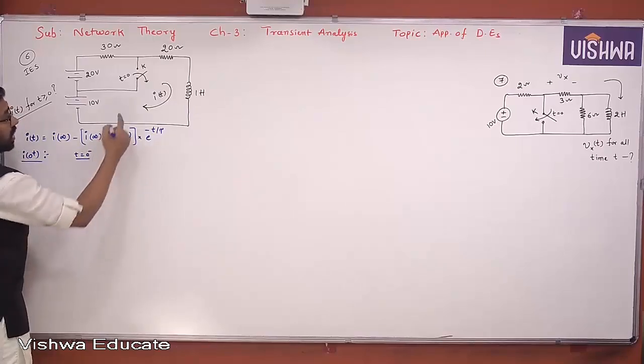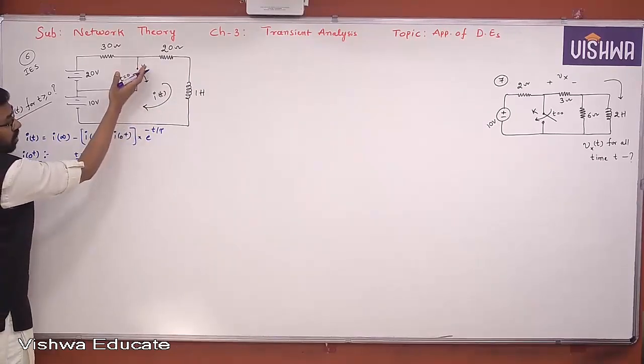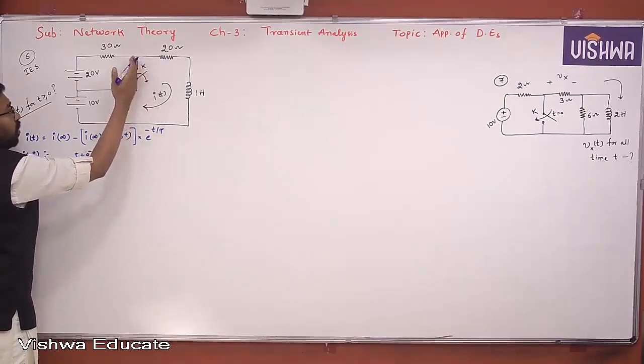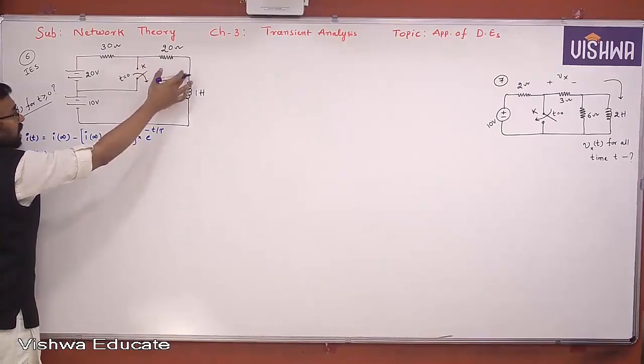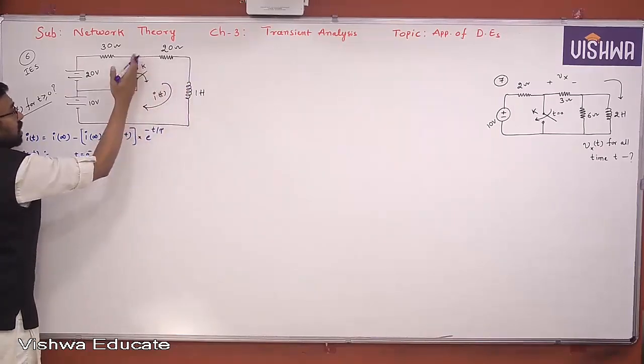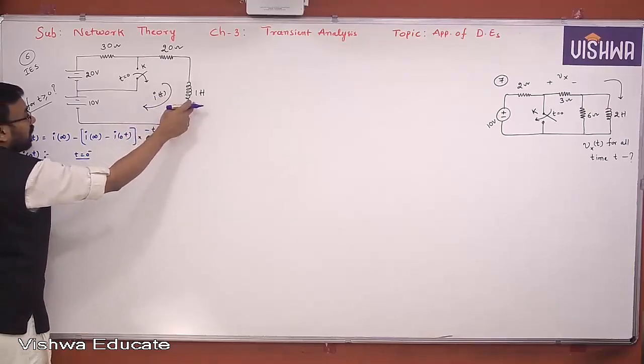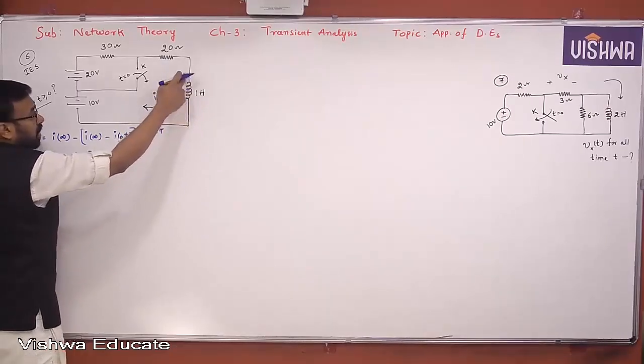Therefore, what is i of 0 minus? What is the position of the switch? The switch is initially closed, and at t equal to 0 you are opening it. In the closed position, it acts like a short circuit, and we want the current through this inductor, which is a short circuit.